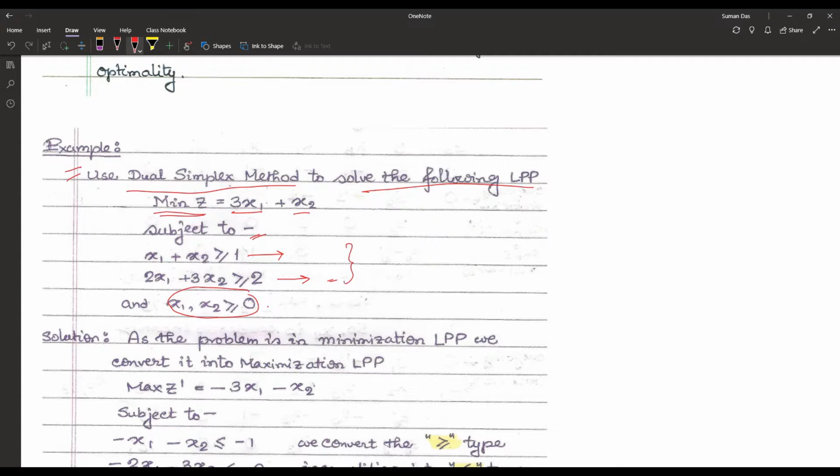So the two constraints have been given in the form greater than equal to.